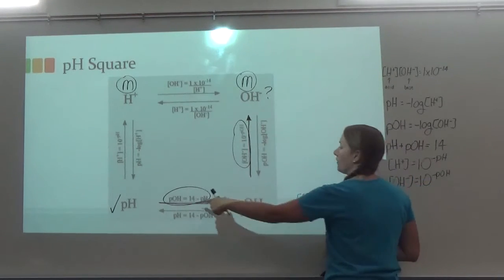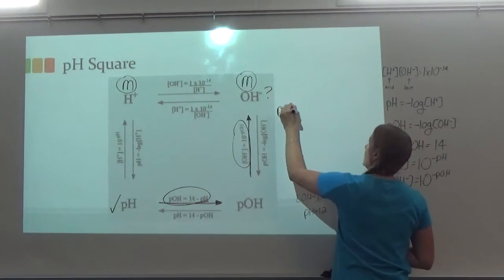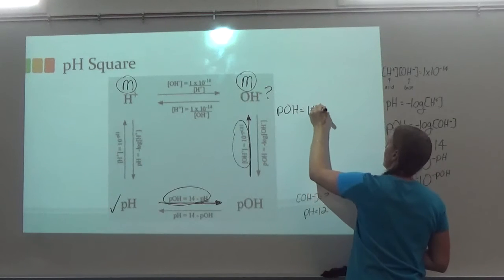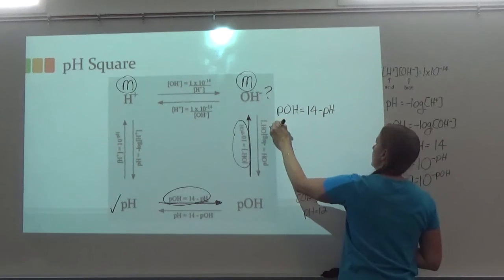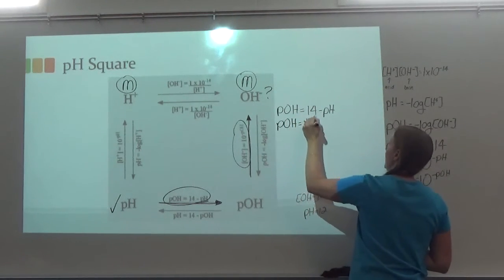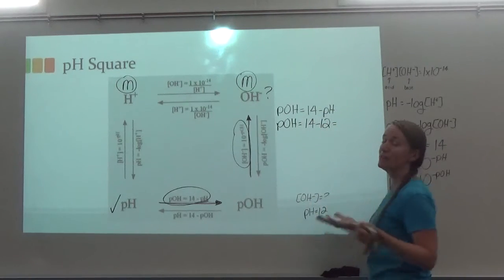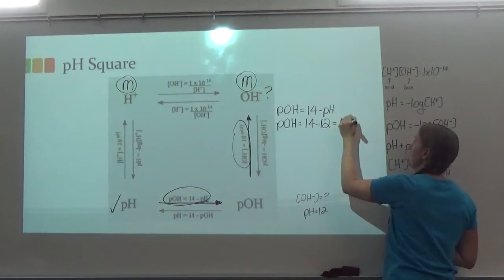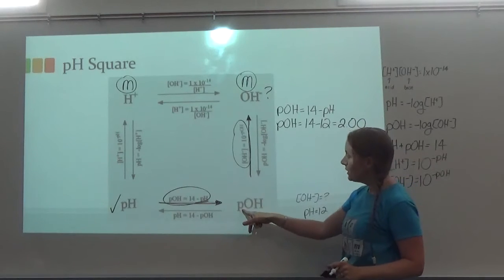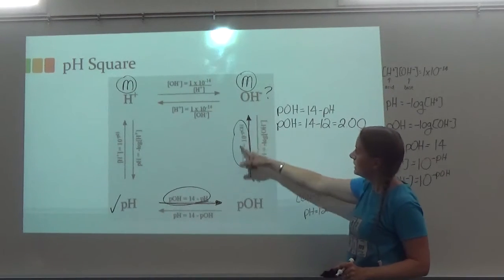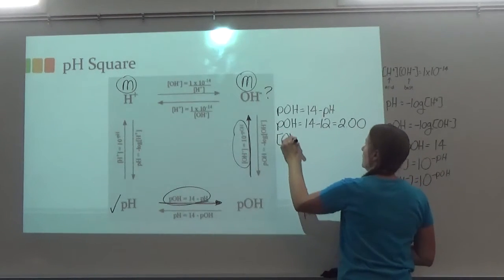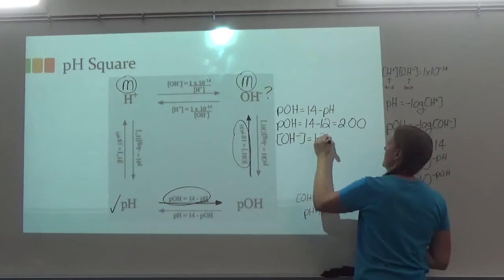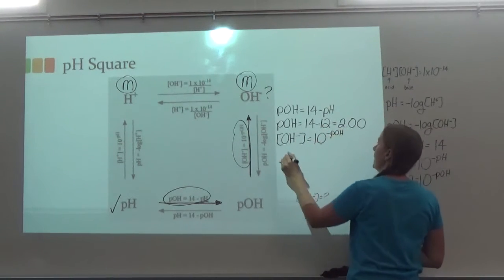So I follow my first formula that says pOH equals 14 minus pH. So of course that just means 14 minus 12. A lot of you could do that step in your mind. So it gives me 2. So that's my pOH. So now we need to go up to get OH minus. So OH minus is 10 raised to the negative pOH.